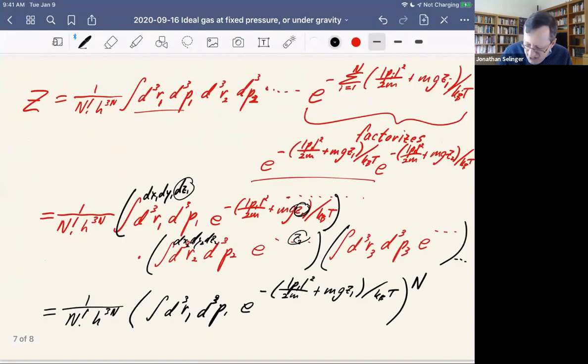These integrals are all definite integrals over all possible R1 and all possible P1, and all possible normally means from minus infinity to infinity.